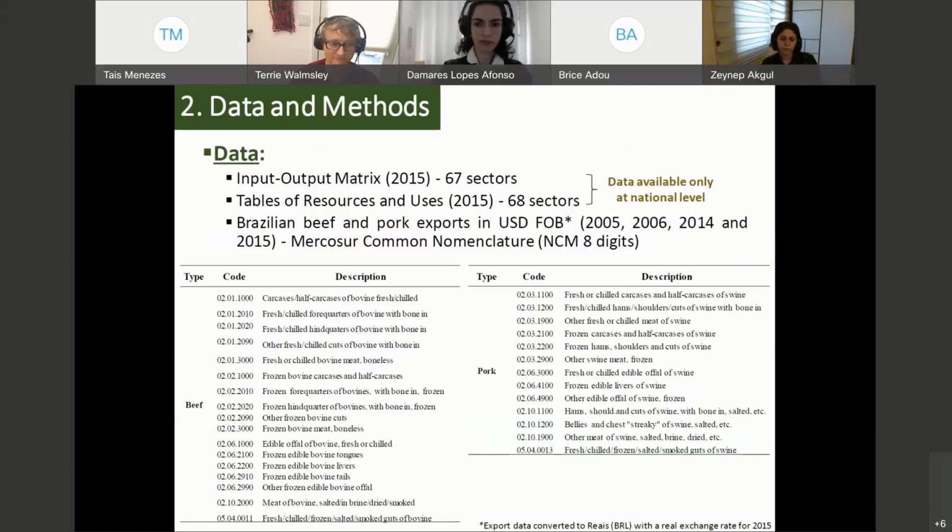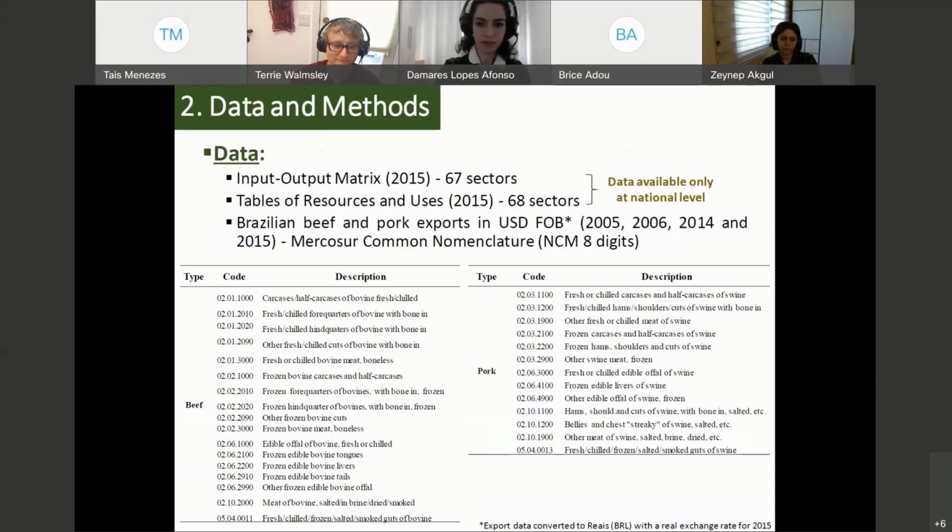The data in this matrix provide a detailed view of the Brazilian productive structure, allowing us to assess the degree of sectorial interconnection of the economy, as well as the impact of variations in the final demand for products. This paper uses the matrix disaggregated into 67 sectors and 127 products.